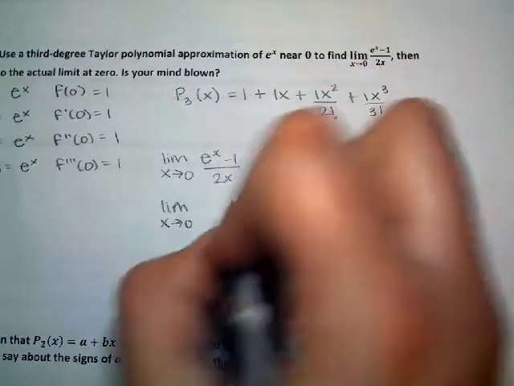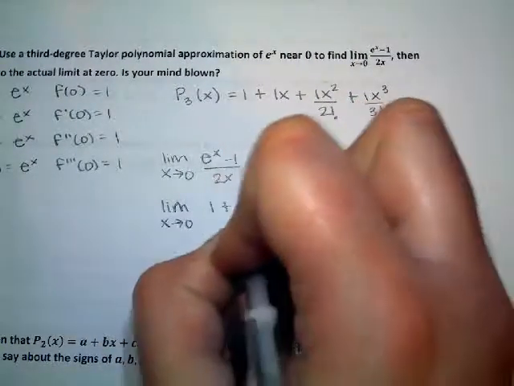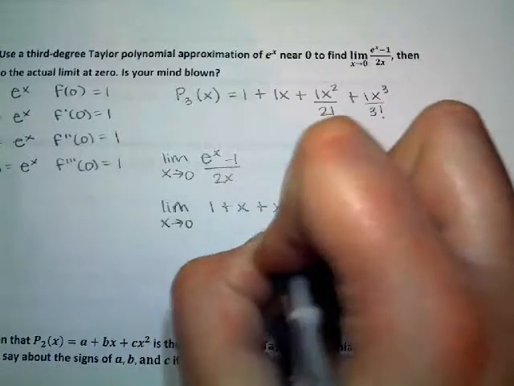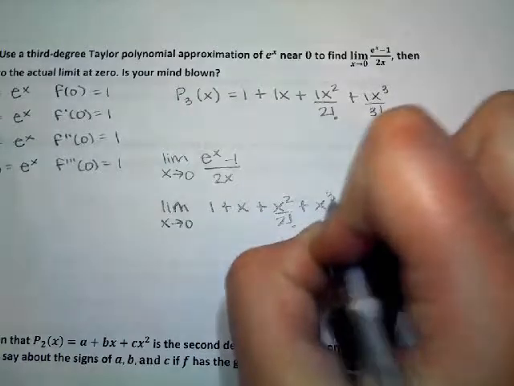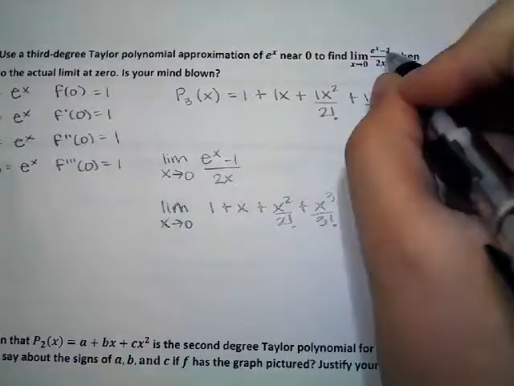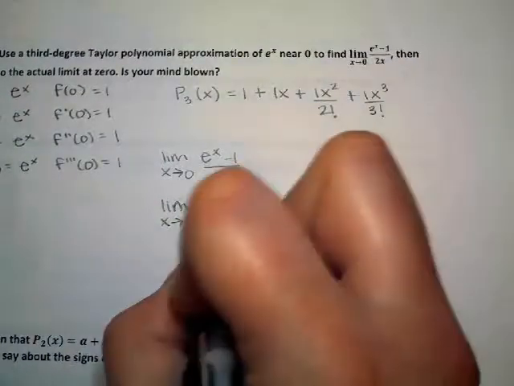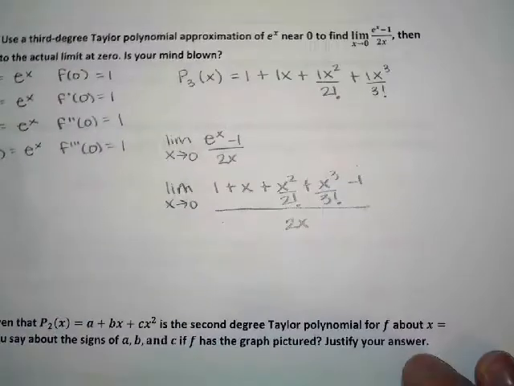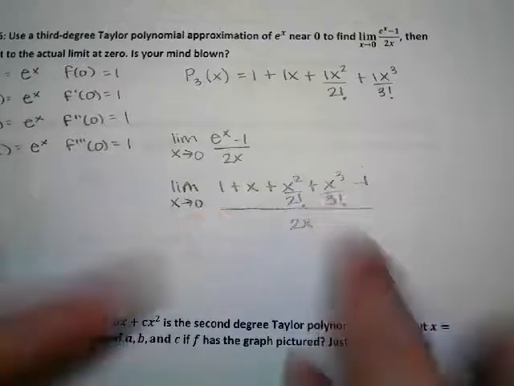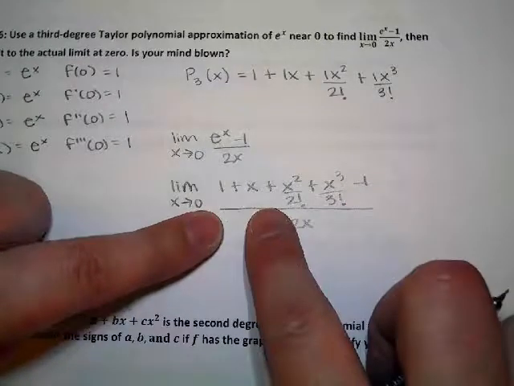So I'm going to say 1 plus 1x plus 1x squared over 2 factorial plus 1x to the third over 3 factorial minus 1 over 2x. And then I'm just going to simplify this.